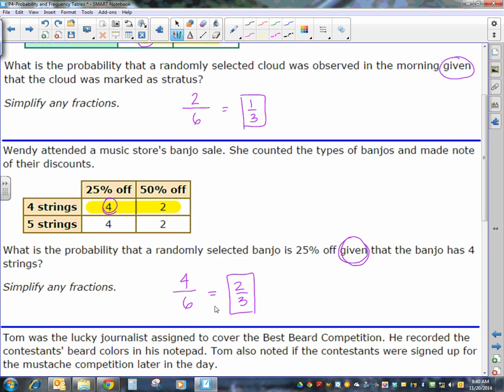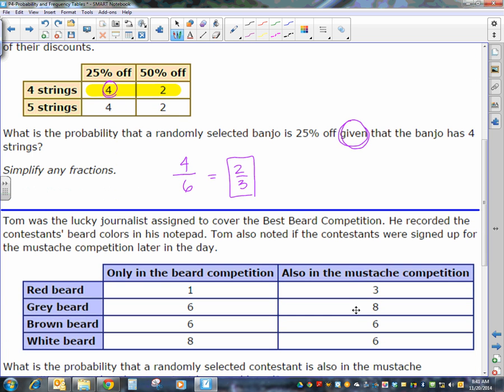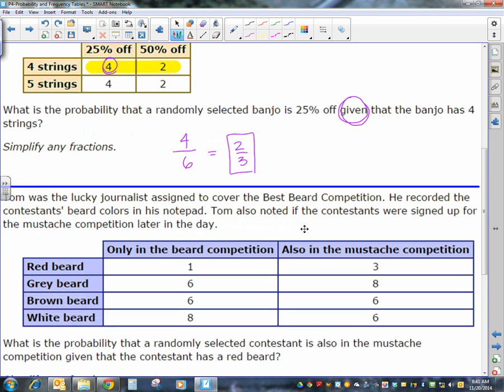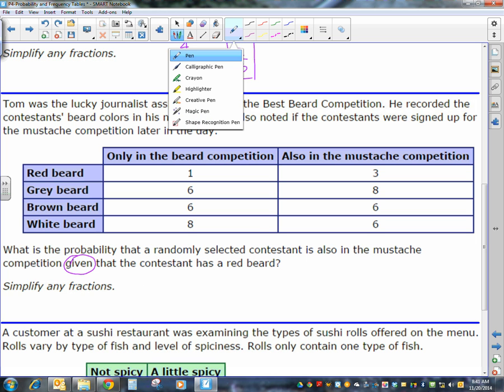Okay, 2 more and we're done. Tom was a lucky journalist assigned to cover the best beard competition. He recorded the contestants' beard colors in his notepad. Tom also noted if the contestants were signed up for the mustache competition later in the day. So what is the probability that a randomly selected contestant is also in the mustache competition given that the contestant has a red beard?